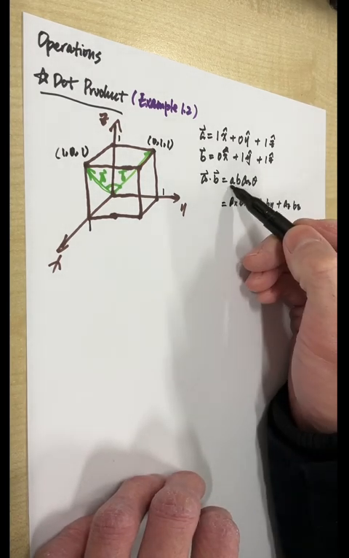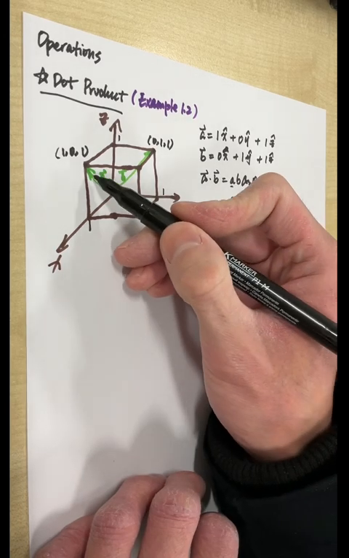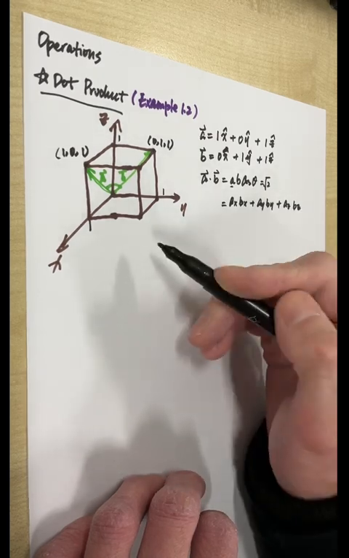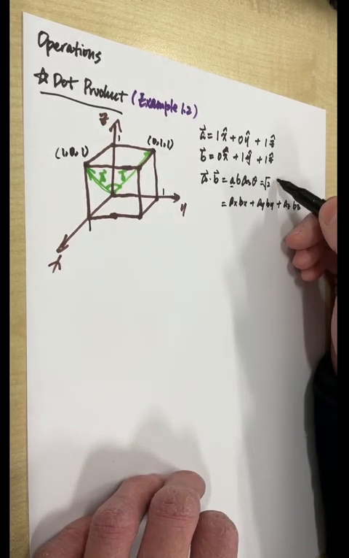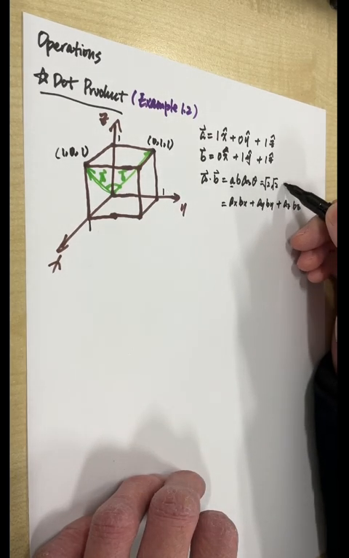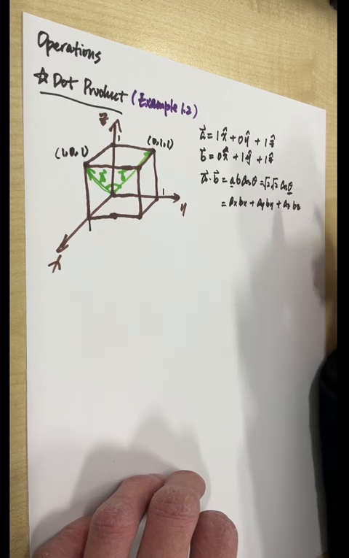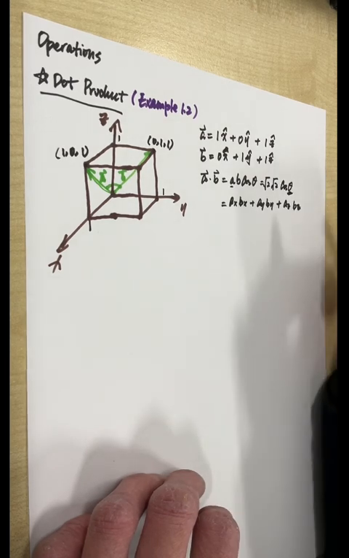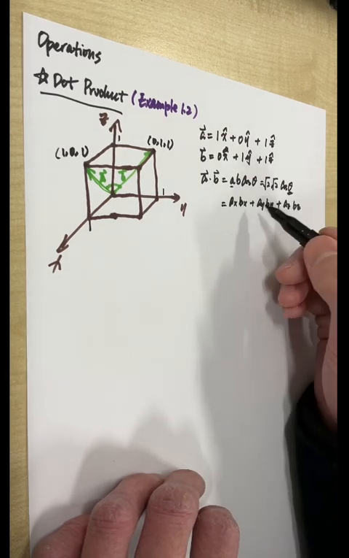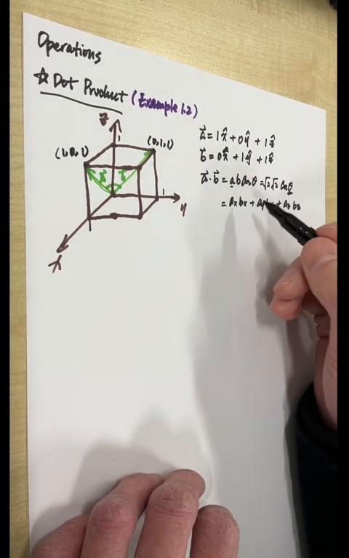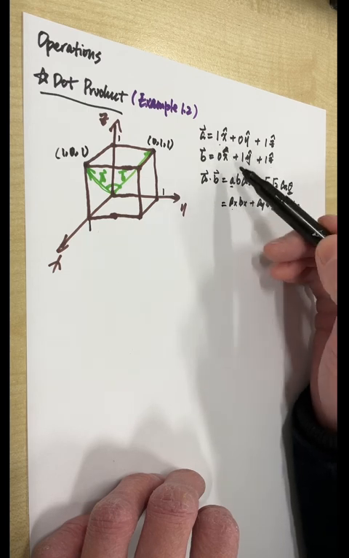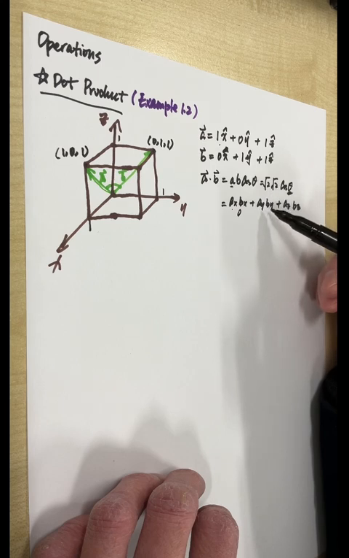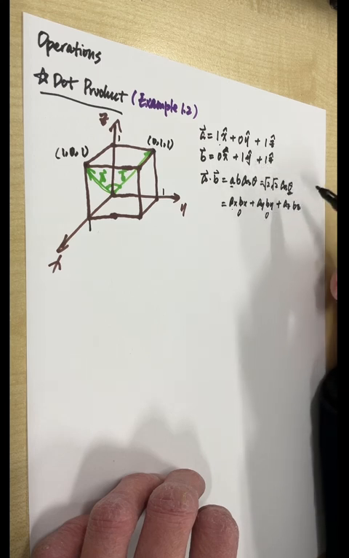So the magnitude of A here should be square root 2. The magnitude of B should also be square root 2. And then we have cosine theta. This is the unknown that we want to obtain. And then here, Ax is just 1, Bx is 0, so this is 0. Ay is 0, By is 1, so here we have 0.